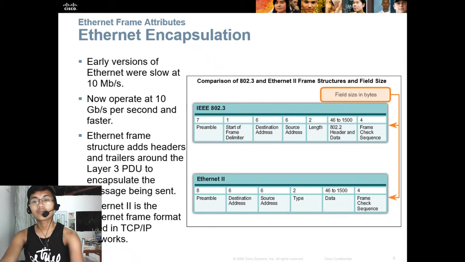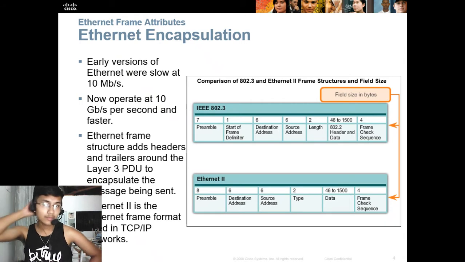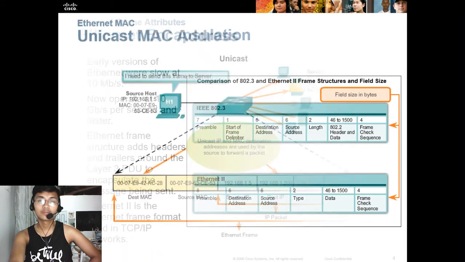For the type, we have 2 bytes. For the data, we have the same as the 802.2 header and data, which is 46 to 1500 bytes. For the frame check sequence, we have the same, 4 bytes.